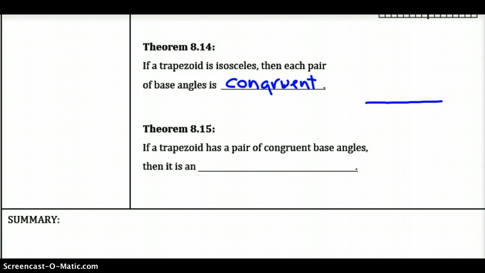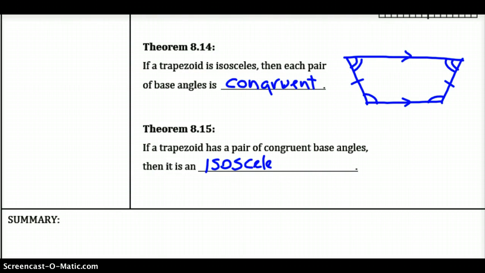If a trapezoid has a pair of congruent base angles, then it is an isosceles trapezoid.